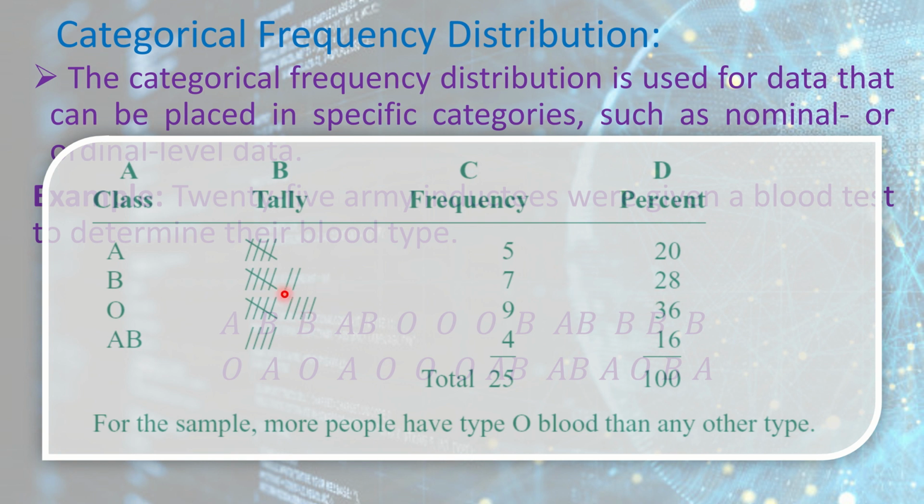Then the next one is 5 plus 2, 7, this is 5 plus 4, 9, and so on. From the frequency distribution you can conclude that those inductees have 9 with O blood group. It means most of the inductees have O blood group.